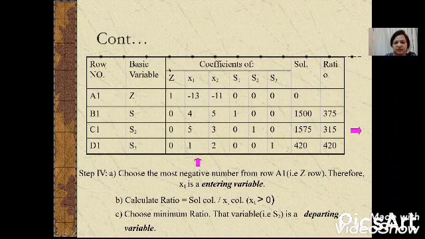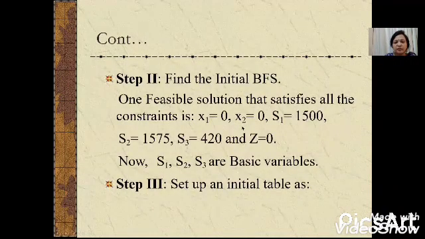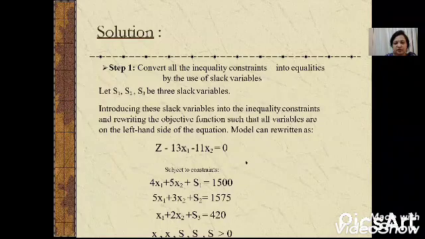Z is the function that we have to optimize. X1, X2, S1, S2, S3 are the variables, then solution and ratio. So this is the table which we have to obtain from here.